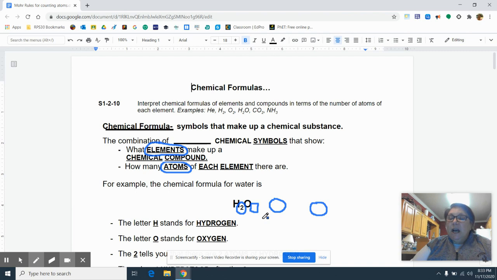That is what we call an understood 1. So that means that there is going to be 1 atom of oxygen. These are hydrogen. You guys should try to do this sometime. It is not easy. Okay? And we have a total of 1, 2, 3 atoms in the formula H2O, which is the chemical formula for water.